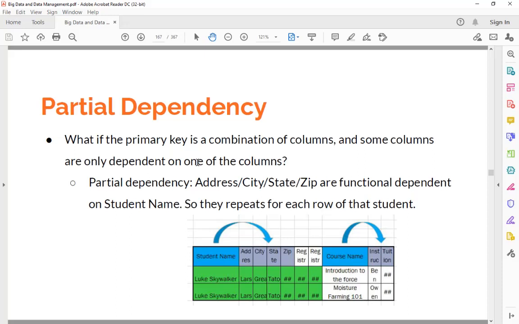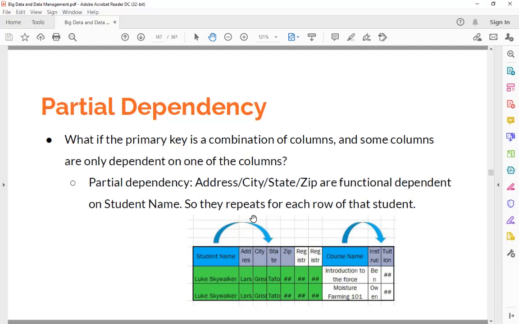That's the redundancy we encounter. For the same student with a different course, you will have the same address repeated. This is redundant. This is what we call partial dependency. Address, city, state, zip are functionally dependent on student name, so they have to be repeated.